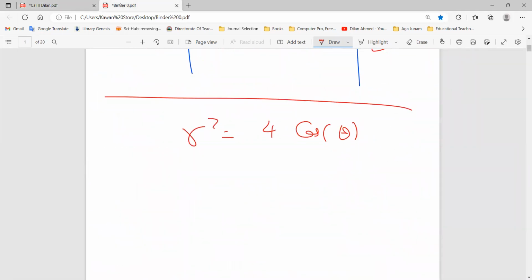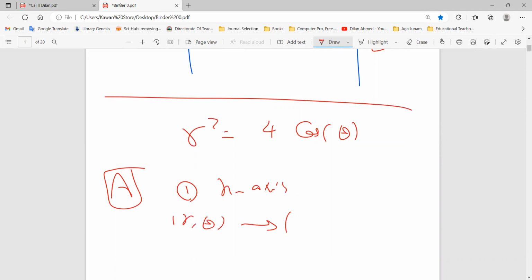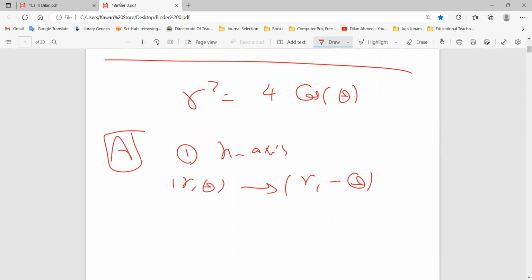First of all, for sketching, we have A and B. Now remember, A1 is symmetry about the x-axis. For that, r theta should be changed to r minus theta. Do you remember that? My point is here, and r theta should come to here, so I say r minus theta. Because I have a cosine, I am 100% sure about that.